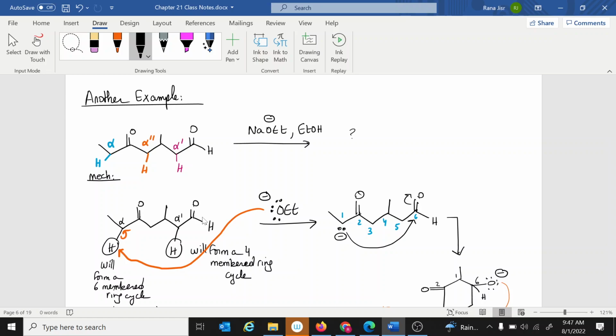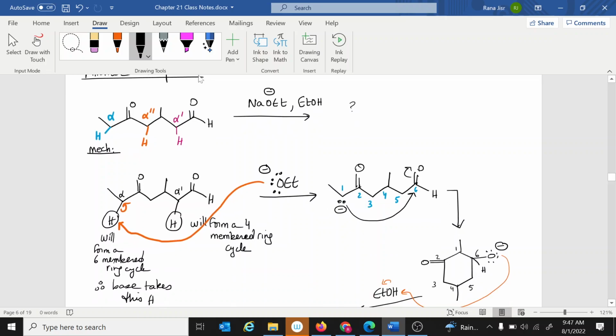Another example of the intramolecular aldol condensation. Again, two carbonyls here. I do have an aldehyde. I do have a ketone. Now here, I'm not going to go with the most acidic hydrogen, because I know that the alpha hydrogen of the aldehyde is more acidic than that of the ketone. But what drives this reaction is forming more carbons in a cycle.